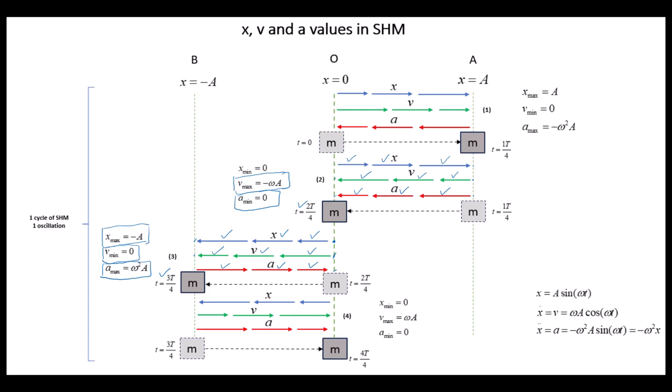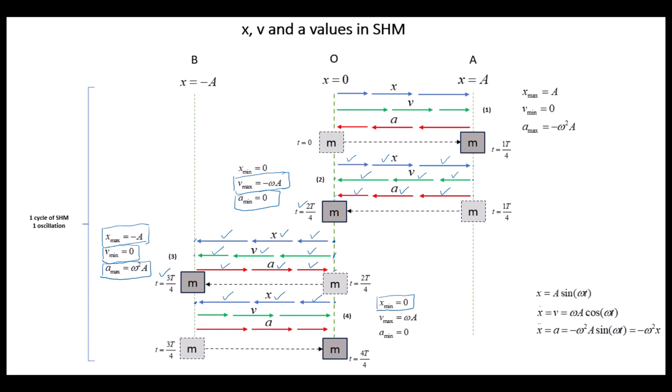Now let's focus on the fourth and final quarter of this cycle, when the object is moving from point B to point O. Starting from point B, where the displacement is the maximum given by negative A, as it moves towards the center, or towards the right-hand side, the magnitude of the displacement goes on reducing, and finally when it reaches the point O, the displacement is again 0, given by x min equal to 0.